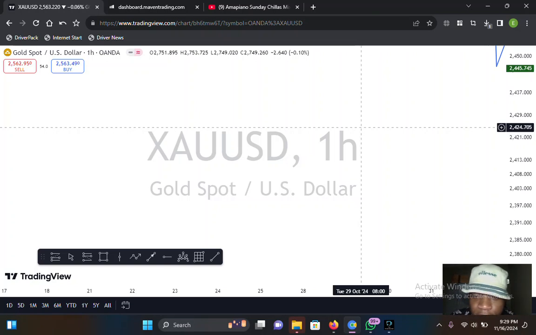So CRT really helps us to maneuver there. But right now, this is what is most important, and this is what you need to take a proper quality setup trade.